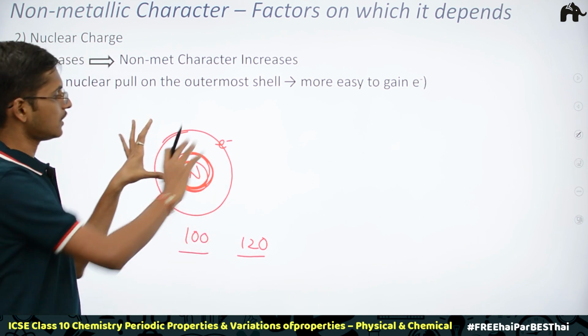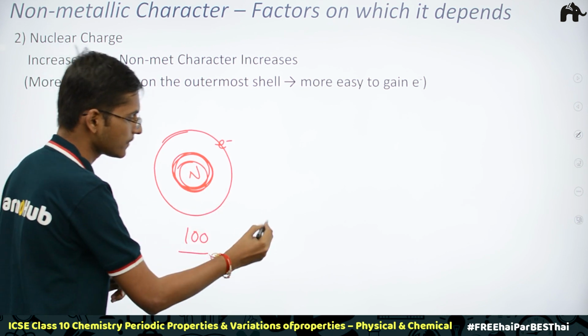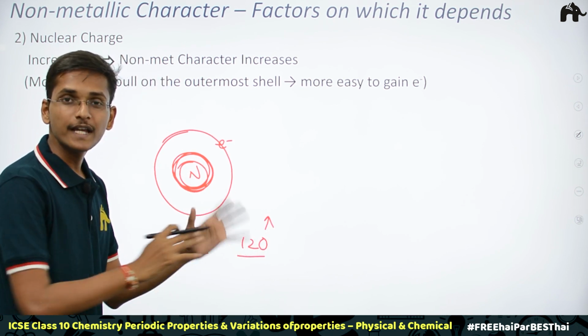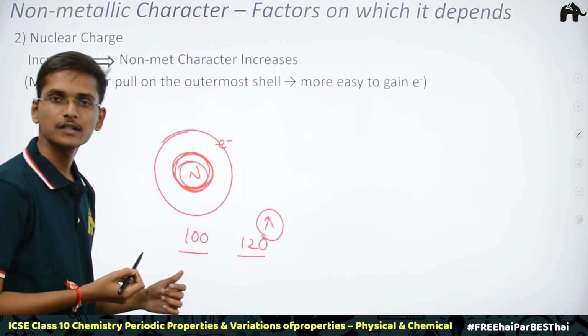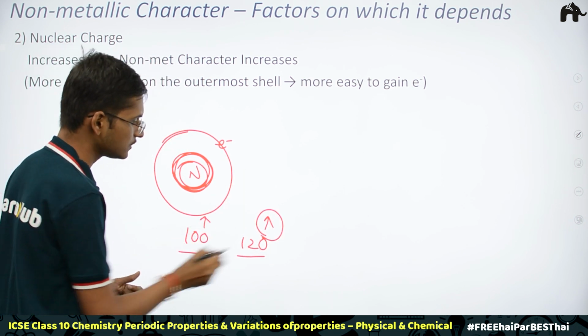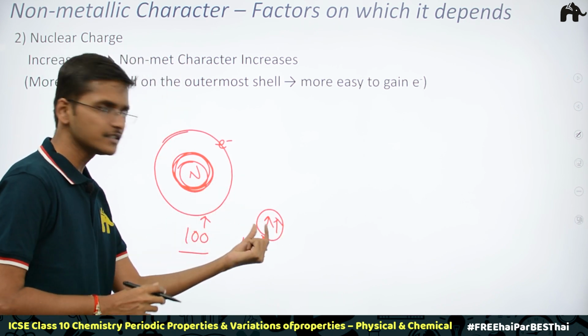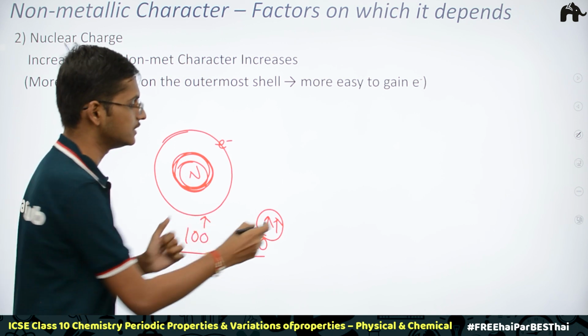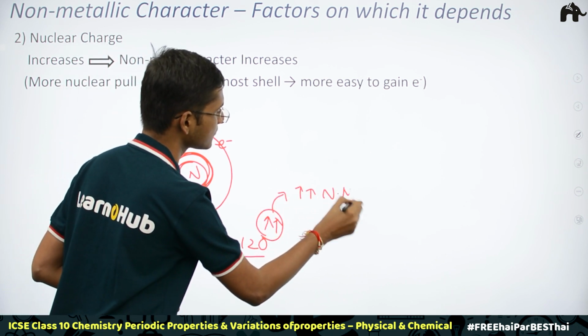Now, if the influence of the nucleus increases, what would happen? The tendency to gain the electron would increase, right? If it was one arrow here, it would now be two arrows. Now, if the tendency to gain electron increases, this suggests to us that the non-metallic character would also increase, right?